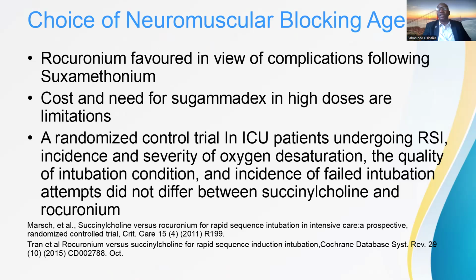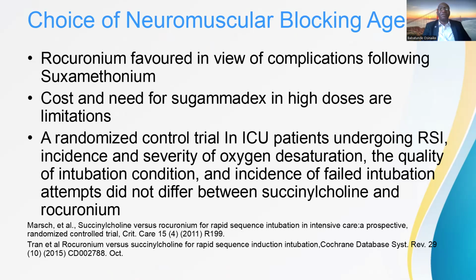Or maybe you have a patient who has a C-spine injury and the risk of proliferation of extrajunctional acetylcholine receptors is present. Maybe any patient with a neuromuscular problem, some of them may end up developing serious hyperkalemia.